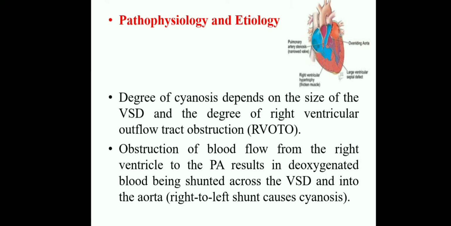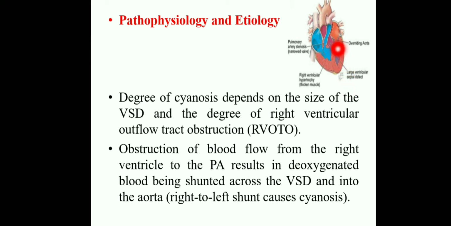And coming to the pathophysiology and etiology. Here the pathophysiology depends upon 4 conditions. Remember that. First we will discuss VSD pathophysiology. The degree of cyanosis depends on the size of the VSD and the degree of right ventricular outflow tract obstruction, RVOT.